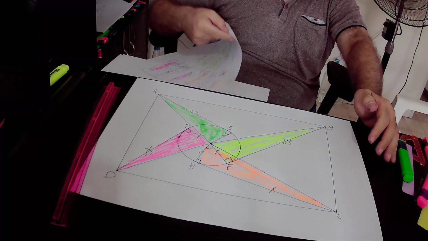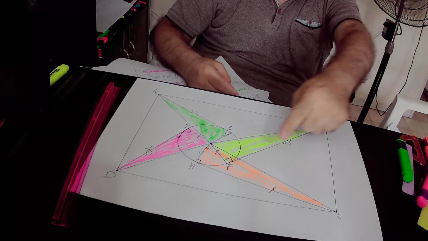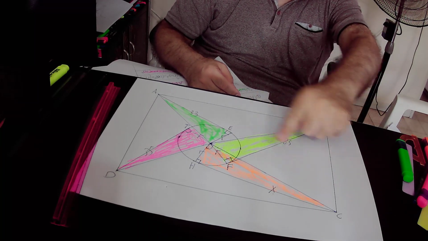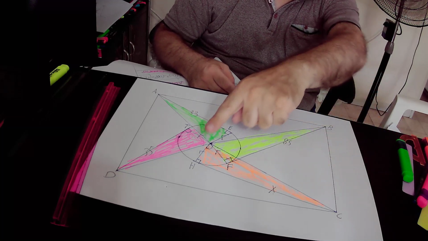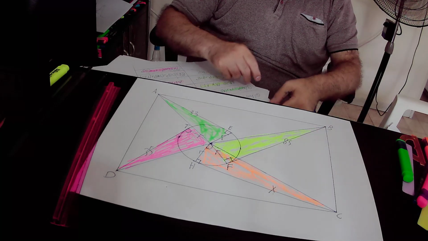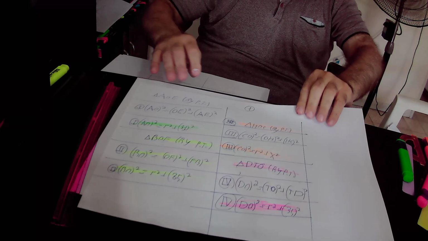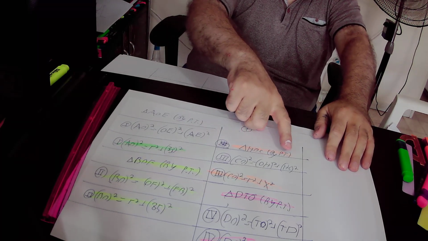Then we joined points O and C together by a straight line. In this way, we created the orange right triangle, triangle OHC. In the orange right triangle OHC, CO square equals OH square plus HC square.